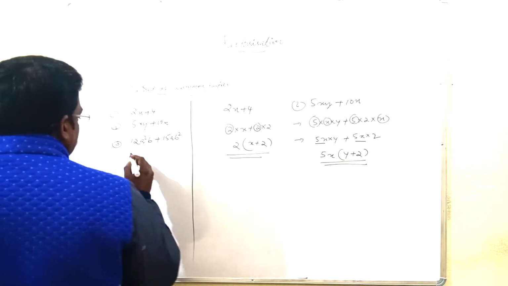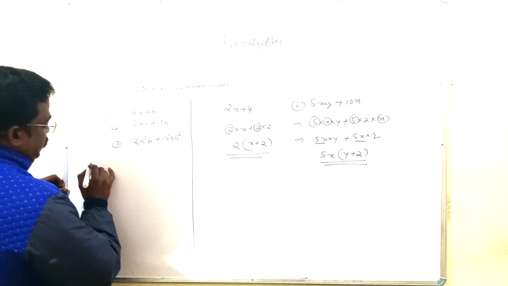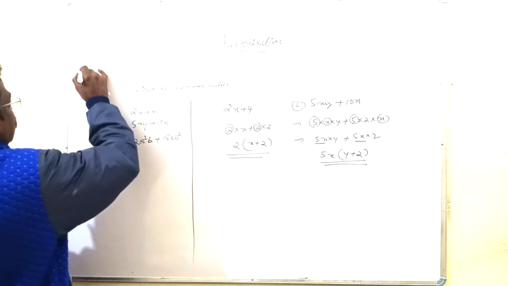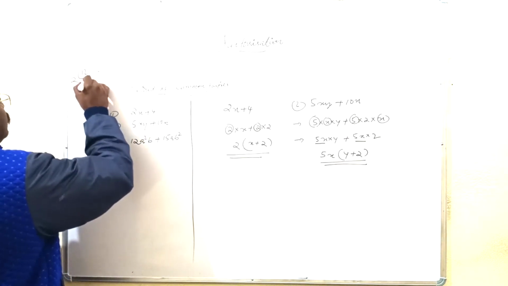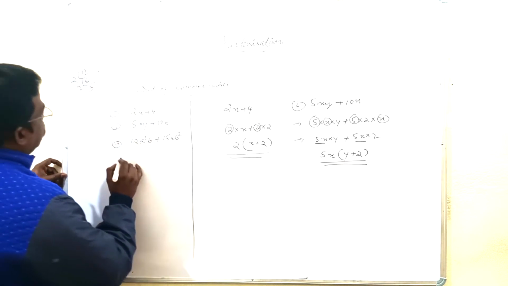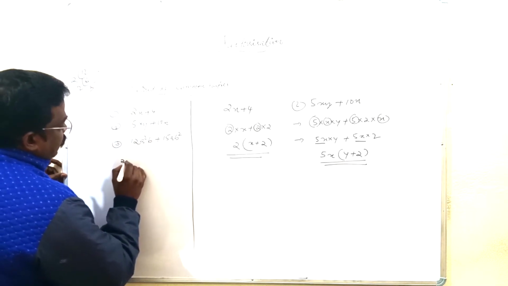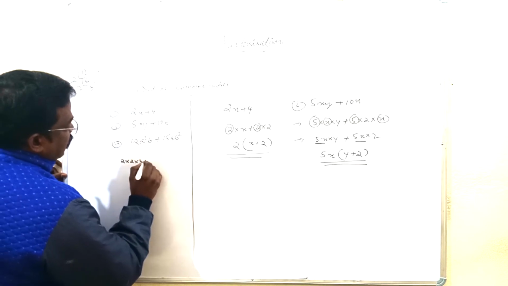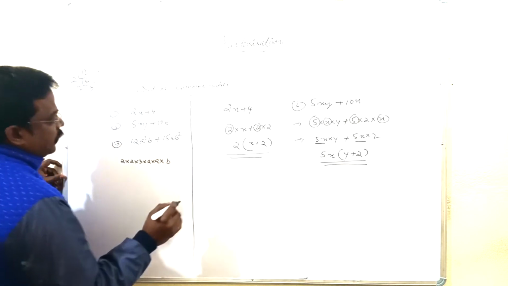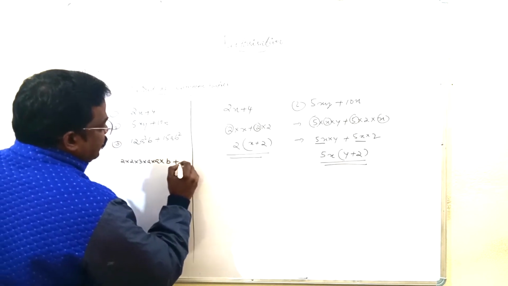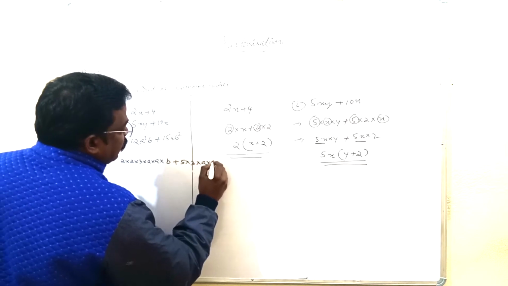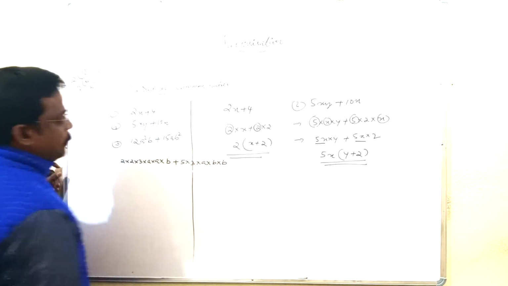Then here 12a square b plus 15ab square. Here 12, how can we factorize it? We have to factorize this 12: 2, 6, 2, 3. So 2 into 3 into a square, a into b, then plus 15 can be 5 into 3 into a into b into b.